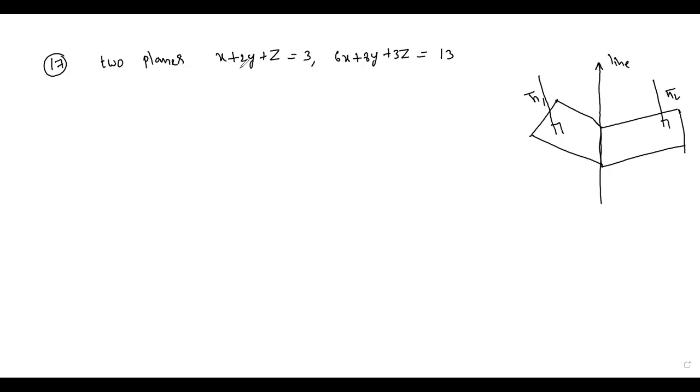Normal DRs of plane: every plane contains normal DRs only. Now I will assume the line direction ratios as A comma B comma C. Here this is plane 1, this is plane 2. The line is first perpendicular to the normal DRs of the plane.